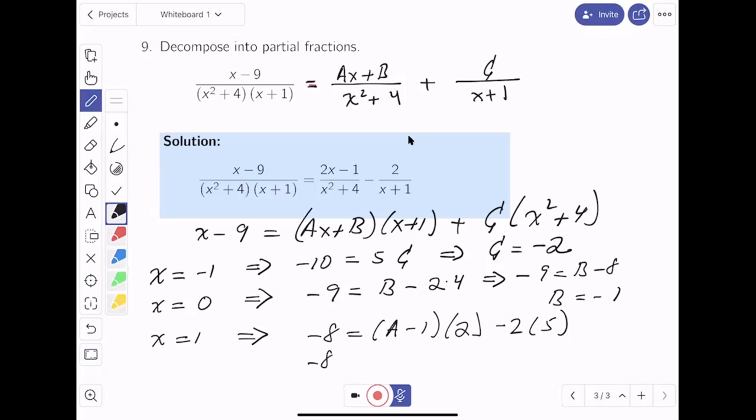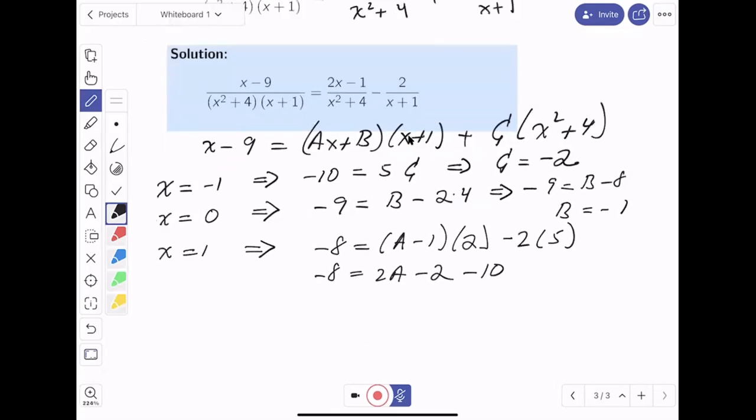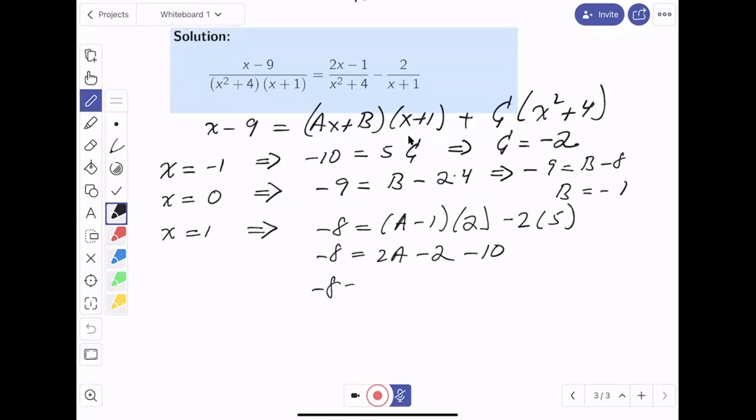This is minus 8, 2a, minus 2, minus 10, minus 8, 2a, minus 12. Add 12 to both sides. You're going to get 4, and a would be 2.